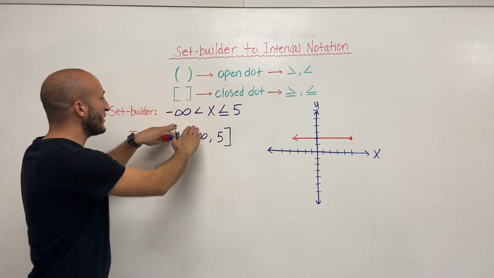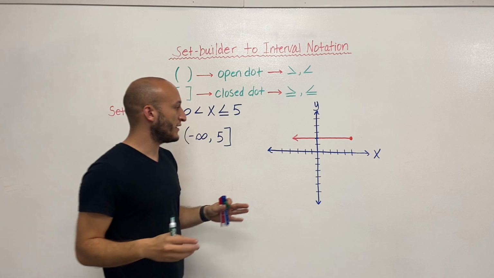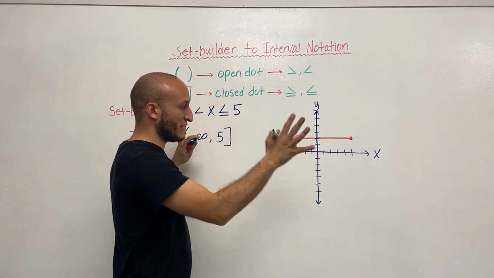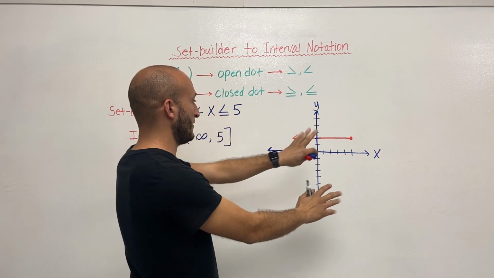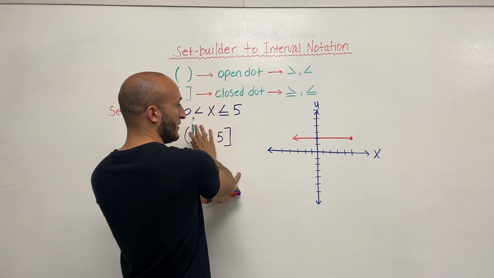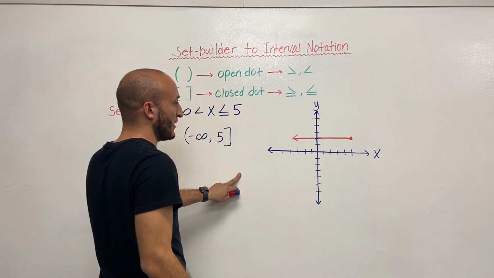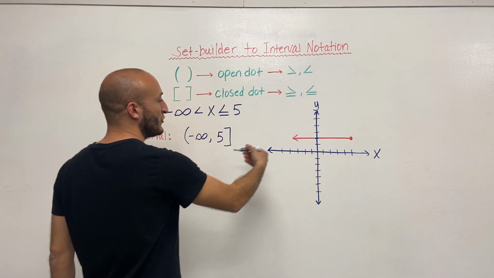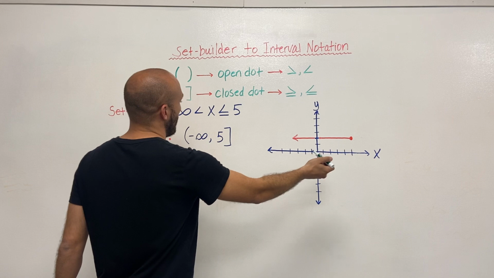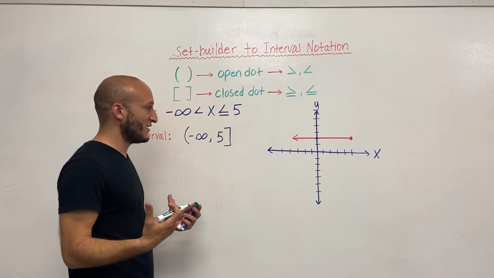Now, when we write it in set builder notation, I always say start from least to greatest, just like we read from left to right. So when I'm reading a graph, I'm going to start at negative infinity and work my way to positive infinity, to the right. If I were able to reach negative infinity way over there, which is impossible, it's a concept, okay?